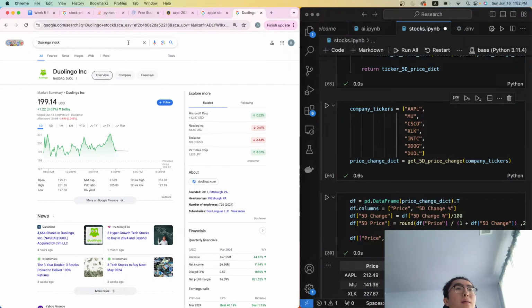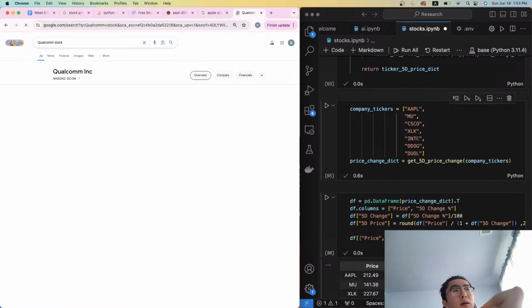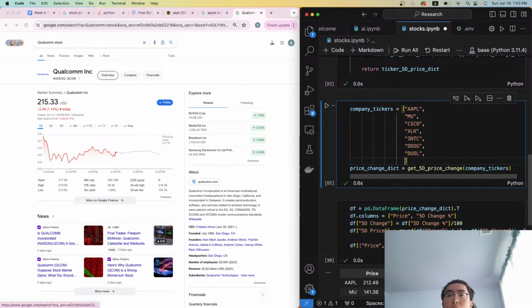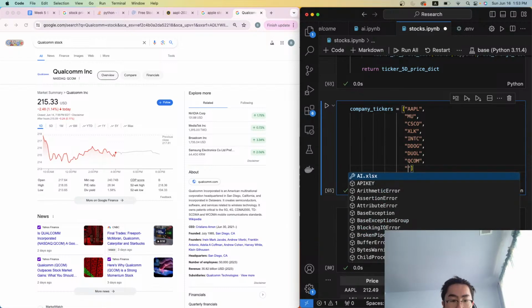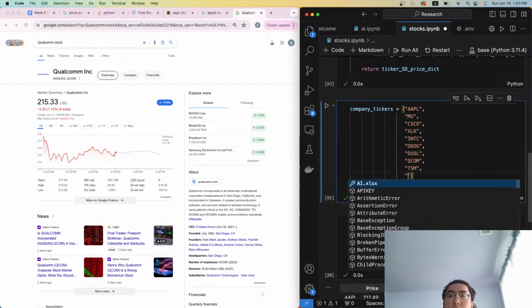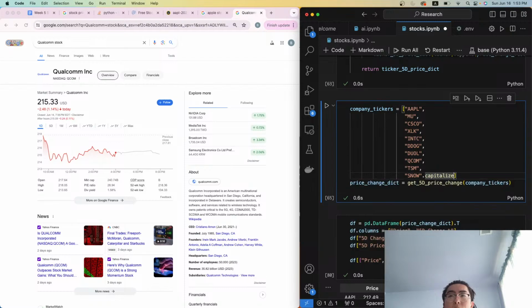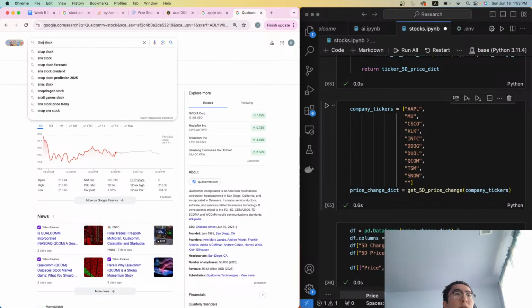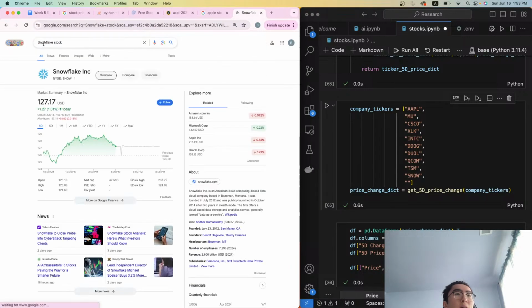Qualcomm, QCOM, Qualcomm. Okay. I think TSMC is TSM, I remember that. And then Snowflake, I think it's just SNOW. Make sure that was Snowflake.